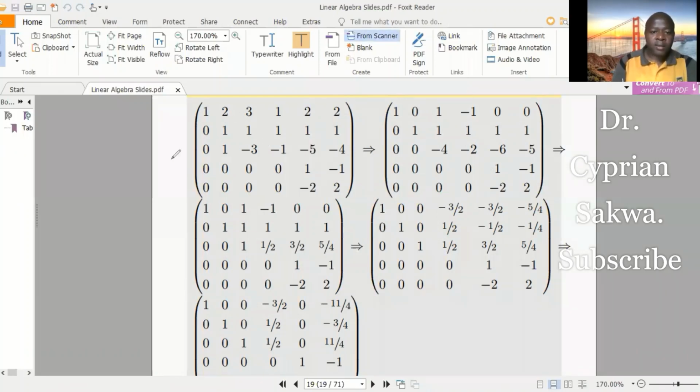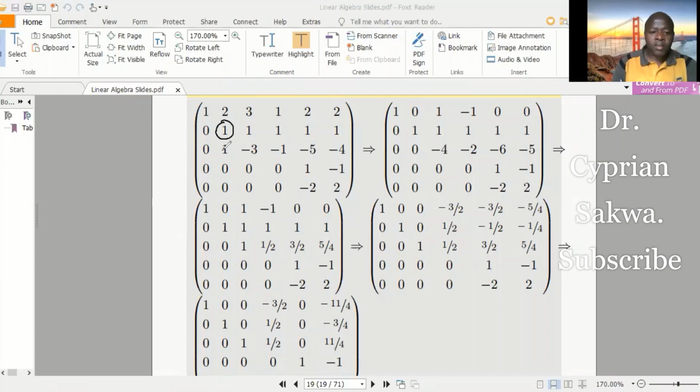Now, what next is to use this one that we created to have zeros elsewhere in the column below it. The most fortunate thing is that we already have a 0 here and another one here. So we're only left with creating a 0 in this position.